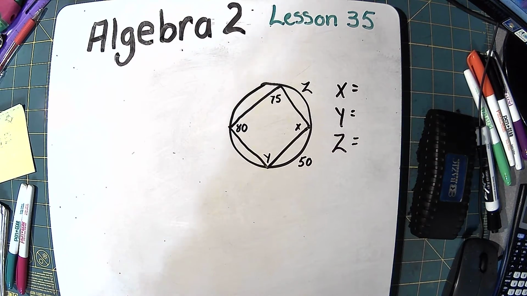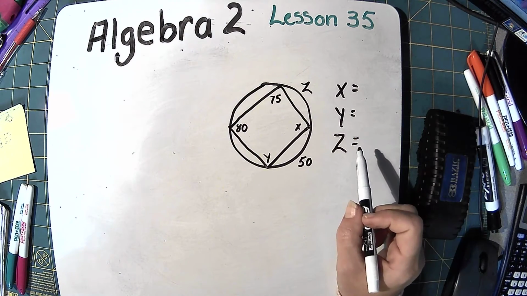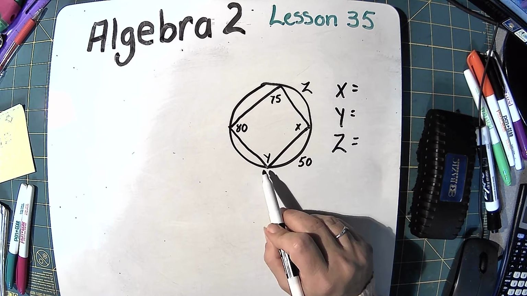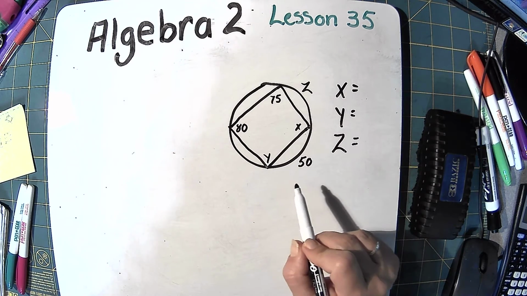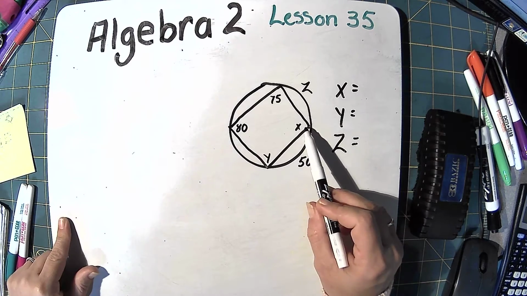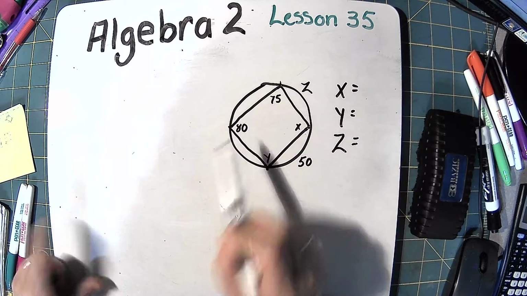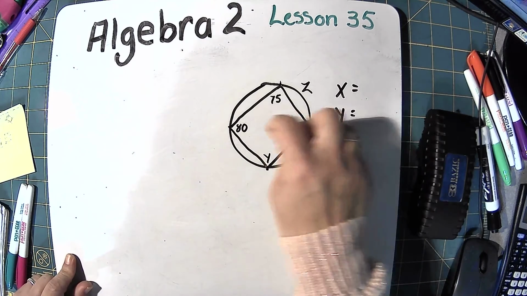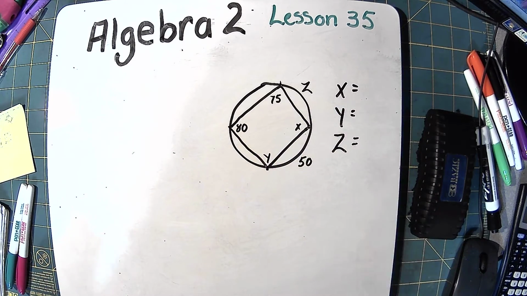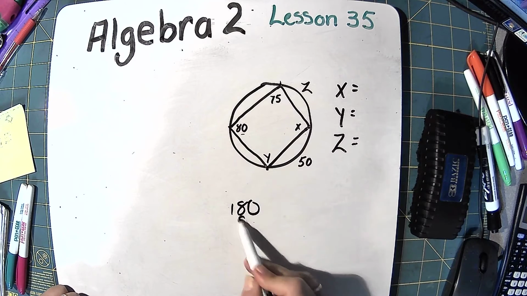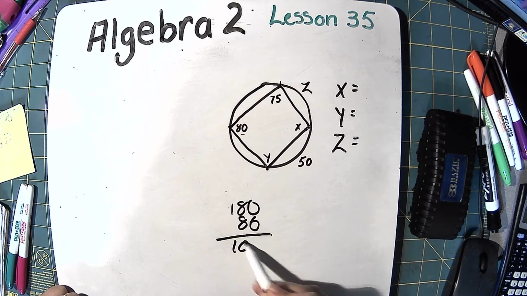Okay, so for y, let's see. How did I do this. All right, x is going to be, oh, yeah, super easy. So opposite angles have to equal 180. So if this one's 80, we'd say 180 minus that one's 80, we get 100.